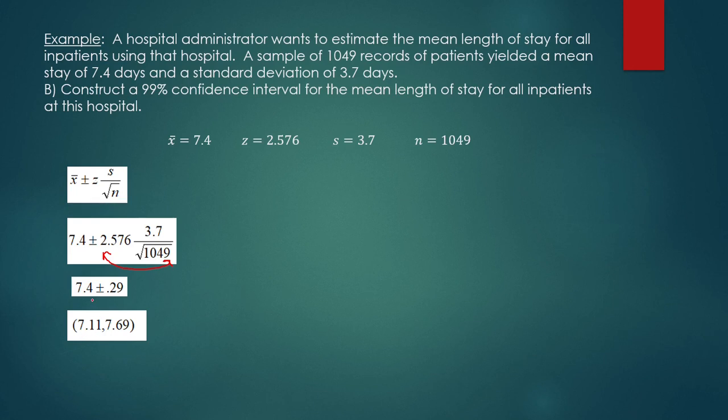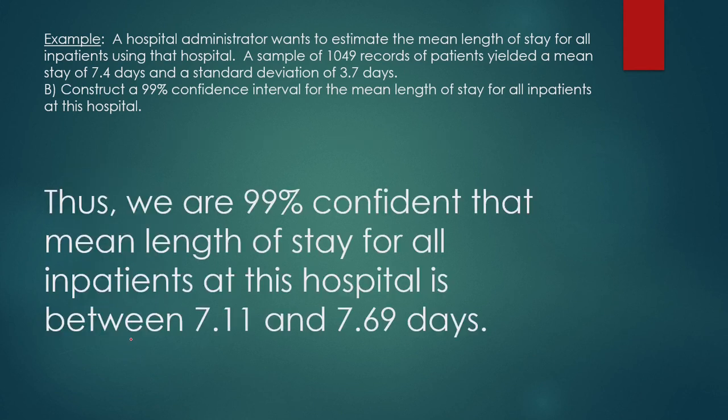And then I'm going to do 7.4 plus 0.29 to give us the right endpoint, 7.69. Thus, we are 99% confident that the mean length of stay for all inpatients at this hospital is between 7.11 and 7.69 days.